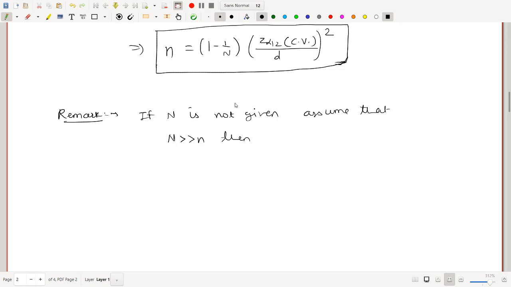Then if capital N is very large, meaning it tends to infinity, this 1 upon infinity becomes 0. This will be 1. Then n will be approximately equal to z alpha by 2 into coefficient of variation upon d, whole bracket square.